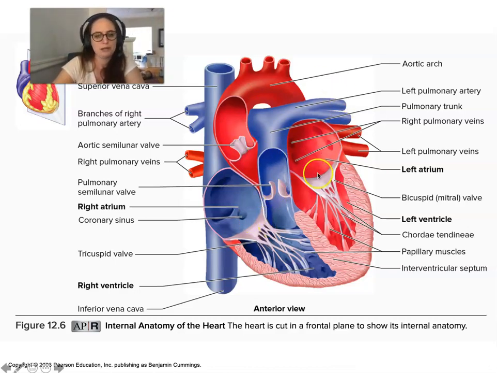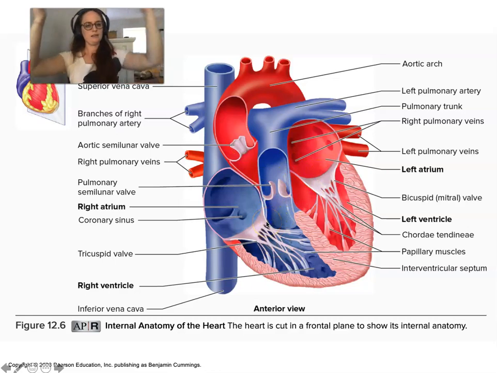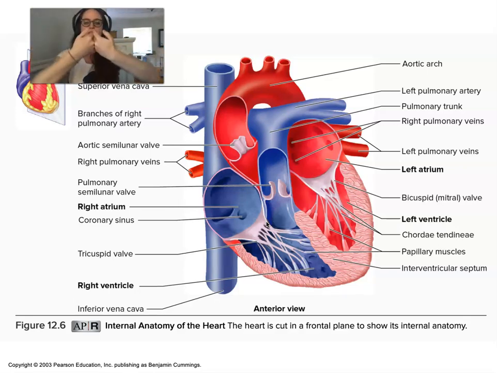All of these are one-way valves. The atrioventricular valves, the tricuspid and the bicuspid, are oriented this way. The semilunar valves are oriented this way, and they're shaped like half moons, which again you can see anatomically on certain images if you seek them out.